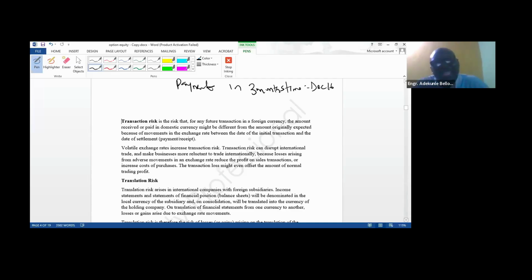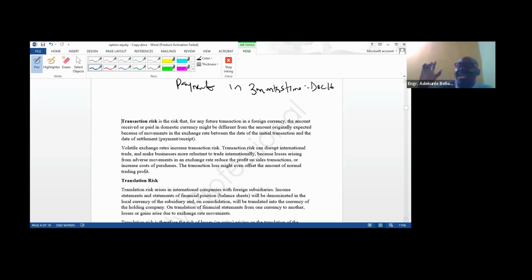Translation risk. This risk is peculiar to multinationals with foreign subsidiaries.